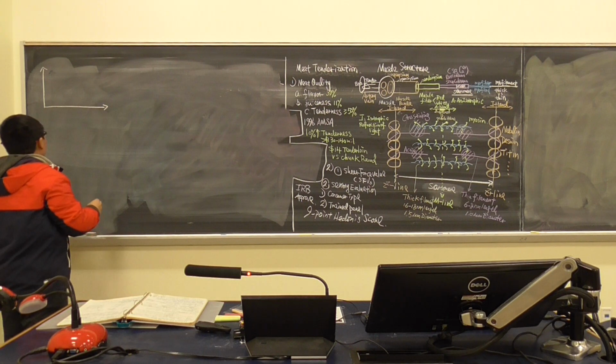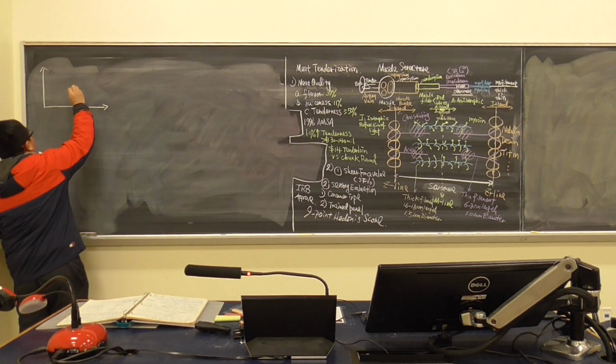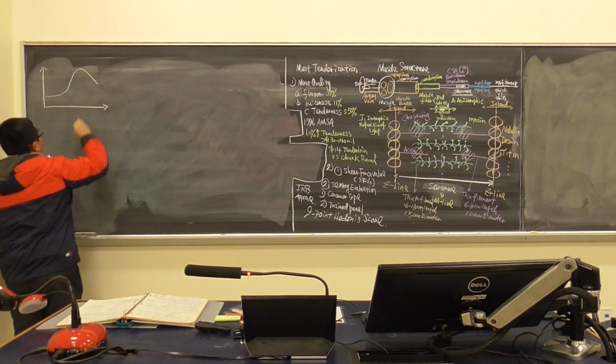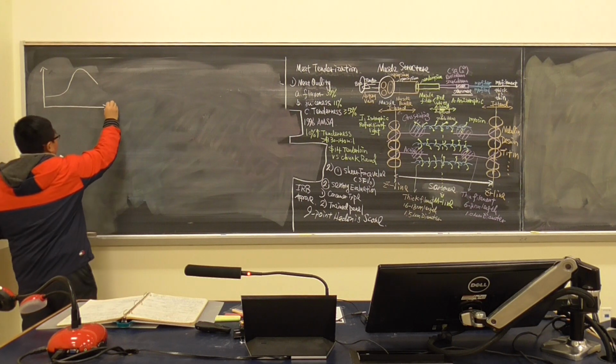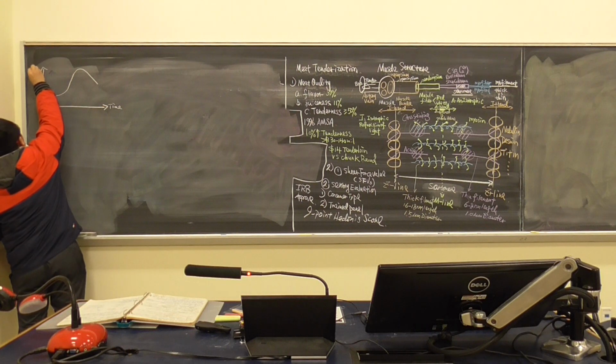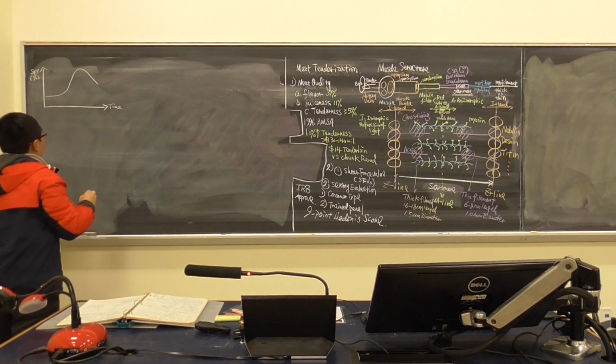The curve looks like that, and the x-axis is time, and the y-axis is shear force value, or sometimes we use the percentage, which means the different components.